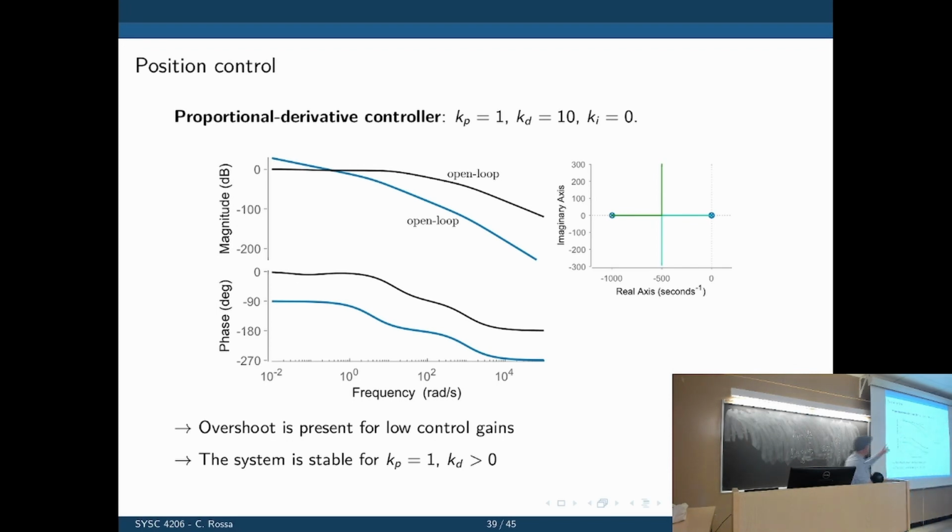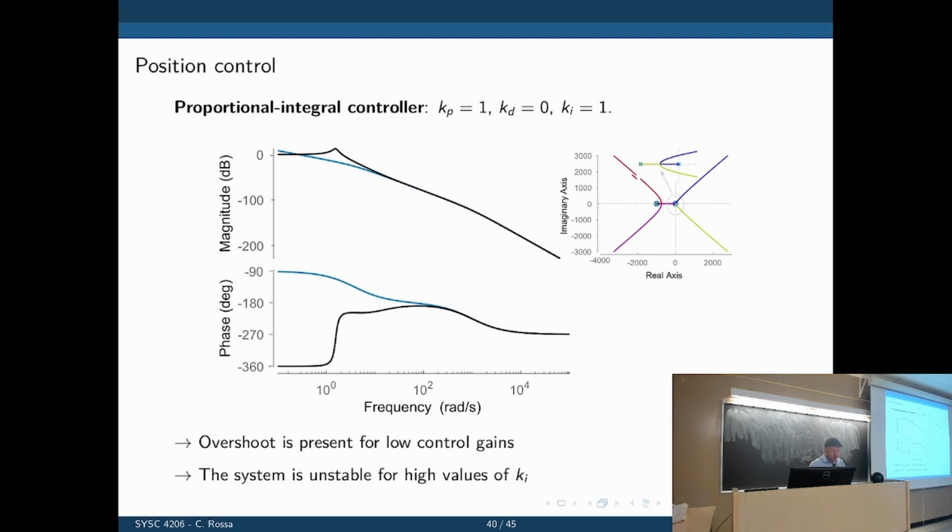Now we can see a big change in the open and closed loop. Which one is better here? The open loop, the black one, they're both called open loop. The black one is the closed loop. So they are better. And here we see with a PI controller, no big change except that we added a little peak there, a little resonance there.